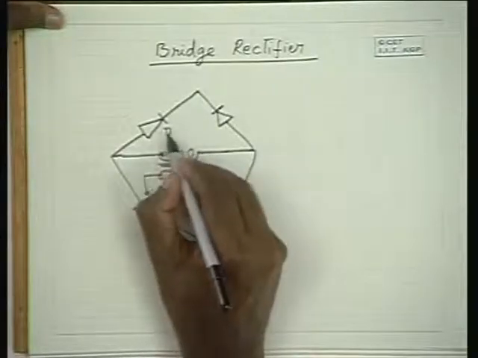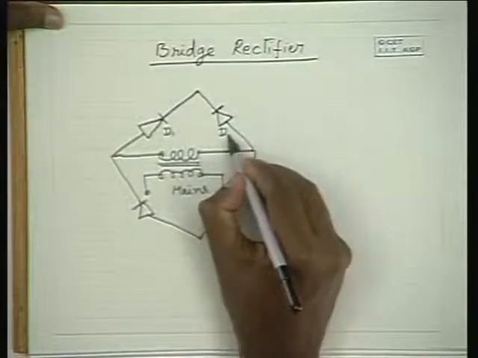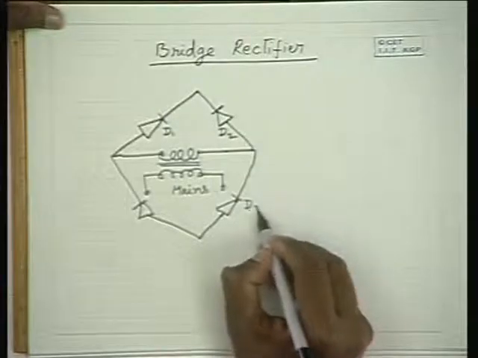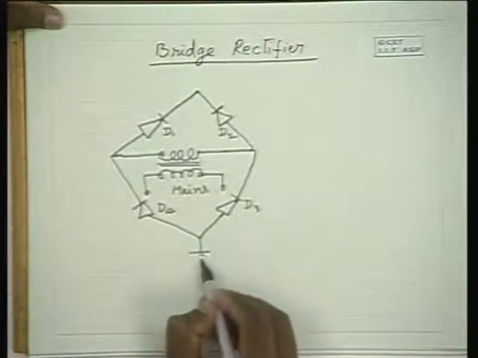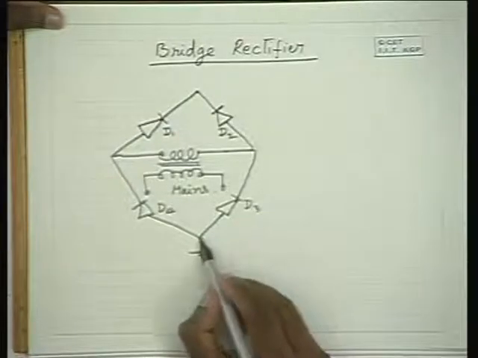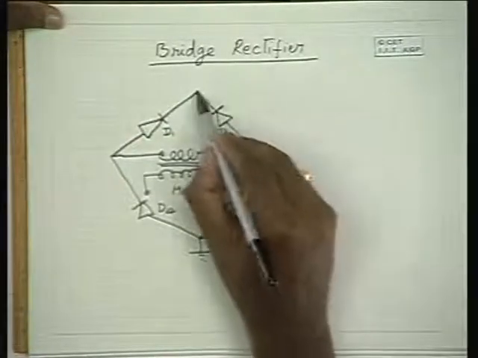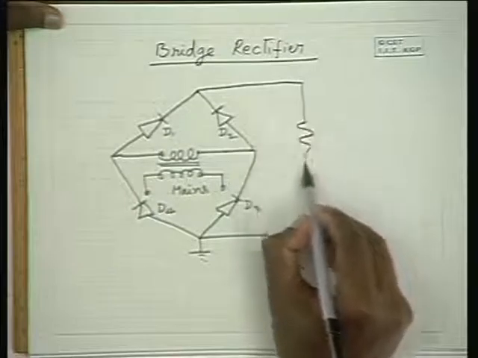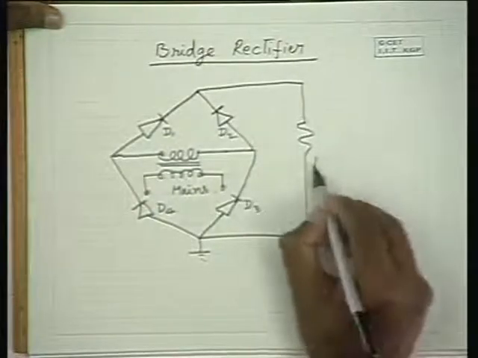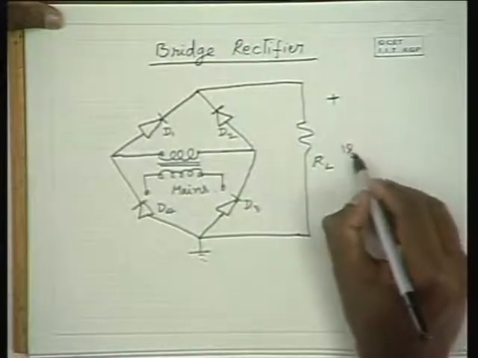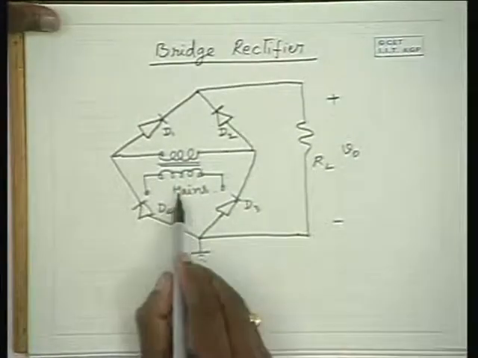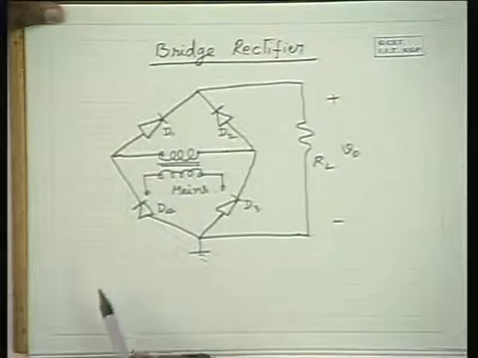Designating this diode as D1, this is D2, D3, and then D4, and treating this point as the ground point, we connect the load across this. So this is the output voltage, and we apply the mains here.